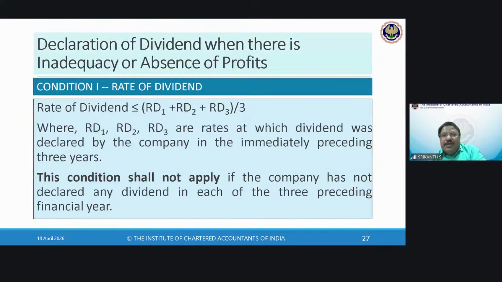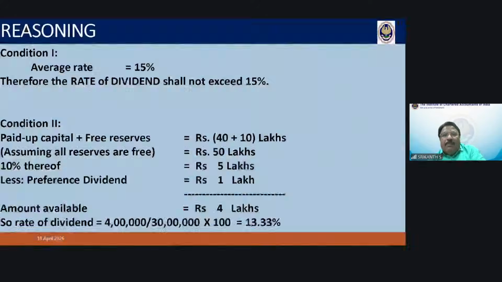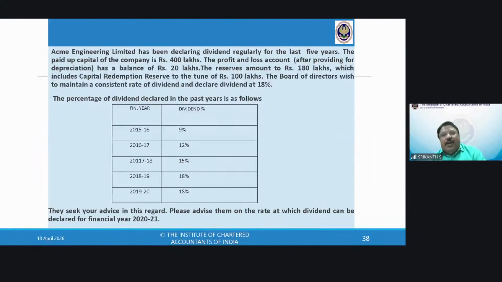These Rule 3 conditions need not be applied for P&L account. P&L account is readily available. Over and above what is there in the P&L account only will be taken from the reserves. In this company, the reserves amount to rupees 180 lakhs, which includes CRR, Capital Redemption Reserve, to the tune of rupees 100 lakhs.